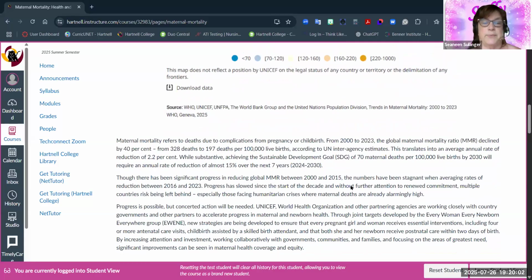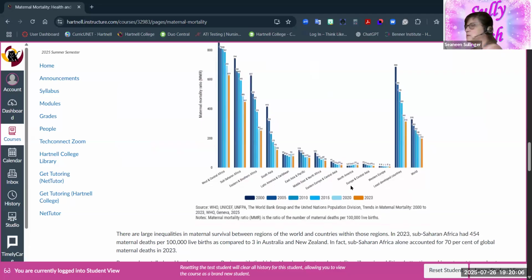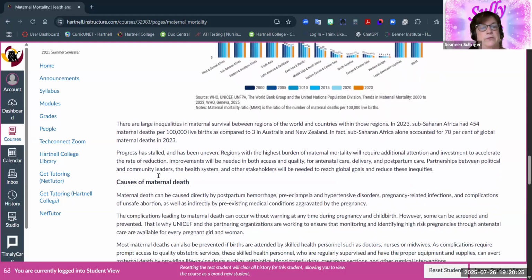And so the article talks about different trends and ratios according to different countries. And I always think that's kind of interesting to look at. I'm really excited that we've gotten better, because it was scary there for a while.